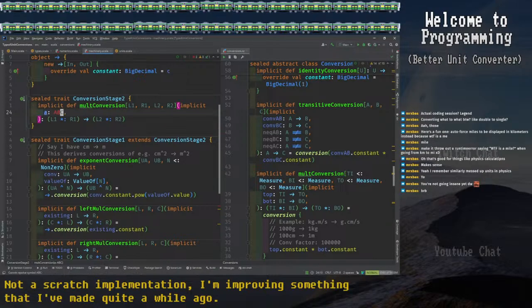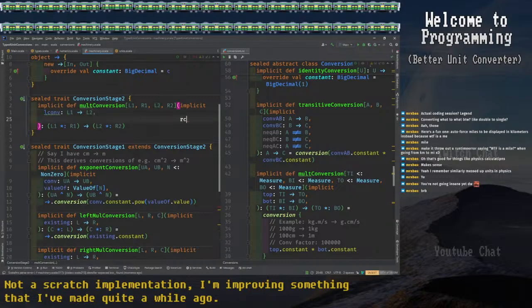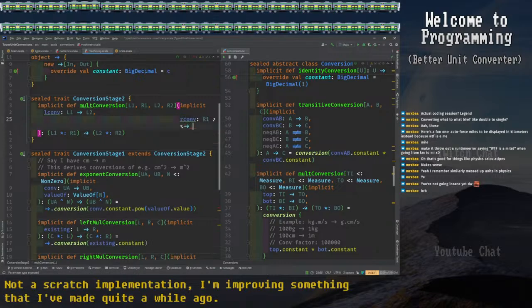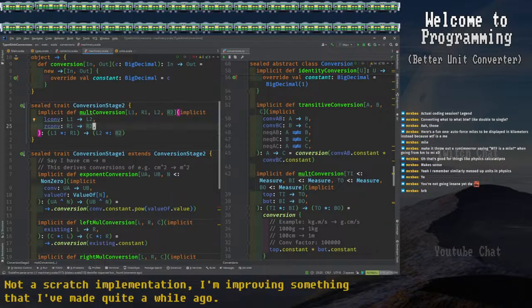Okay, there we go. So now we need two factors. So we need lconv, which is L1 to L2. And now we need the right conversion, which is R1 into R2. You start getting into a bit of a rhythm once you start doing it, really.